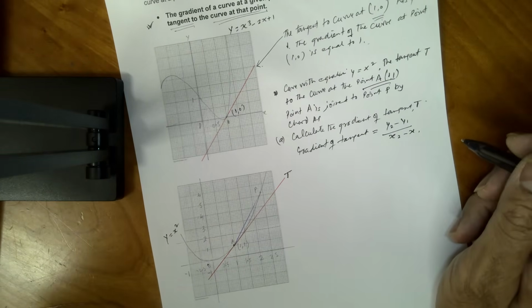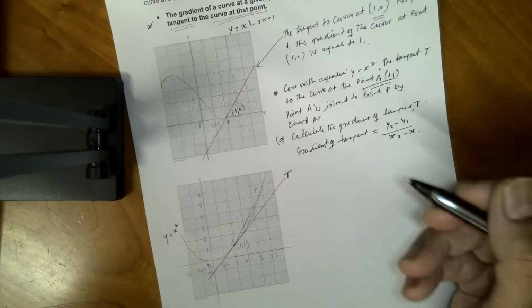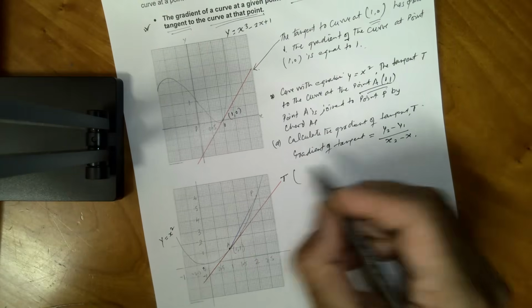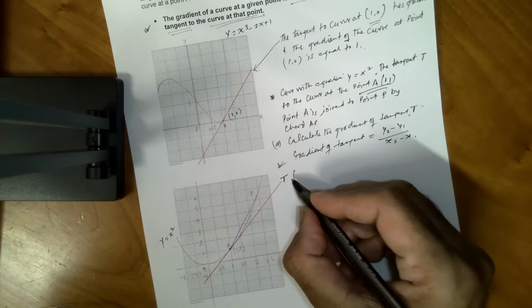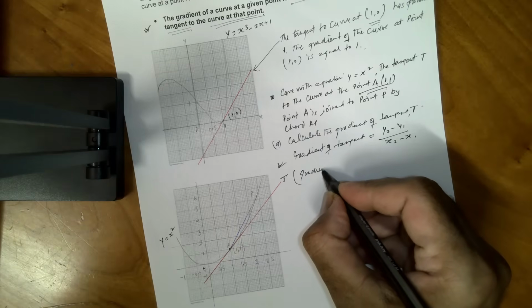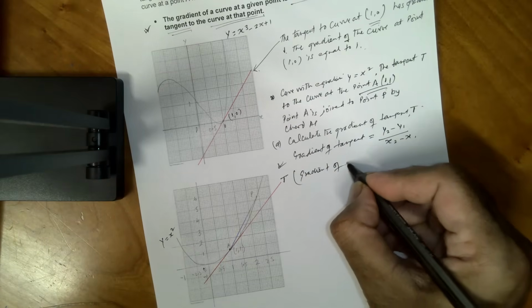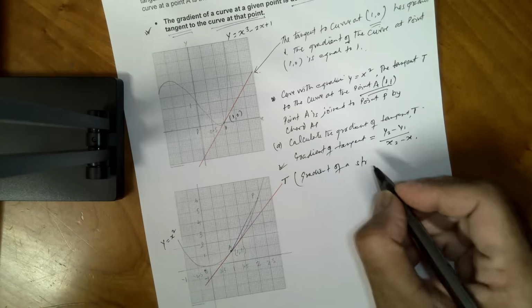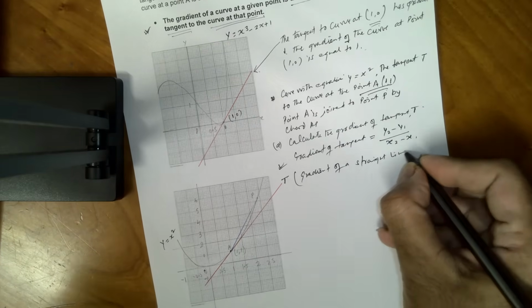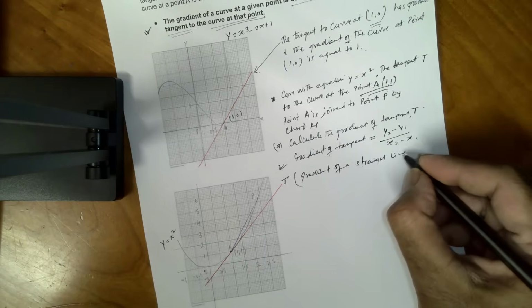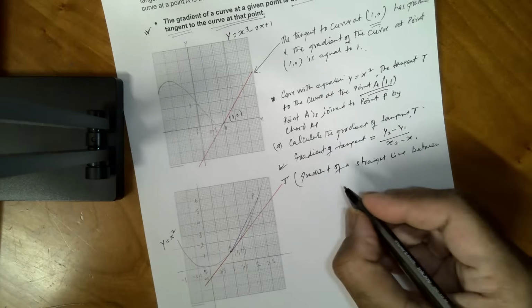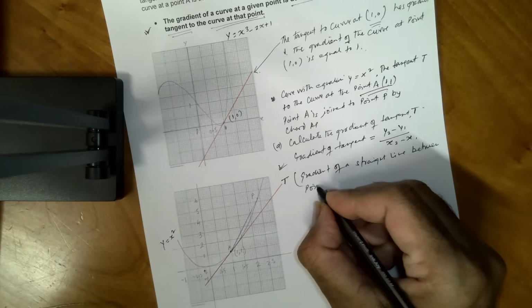This formula is the formula for the gradient of a straight line, as your tangent is a straight line. It applies between two points.